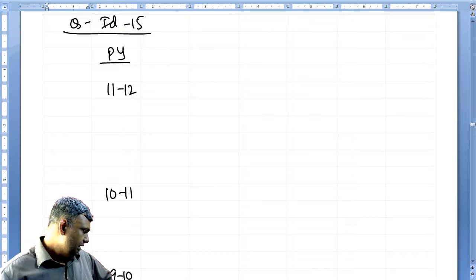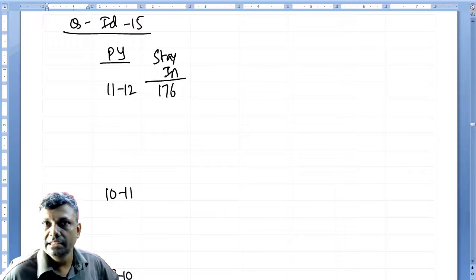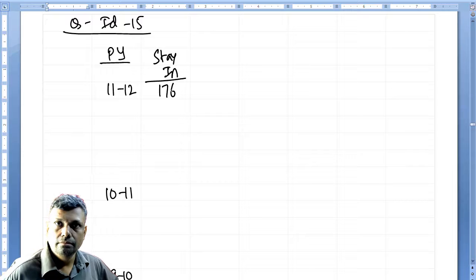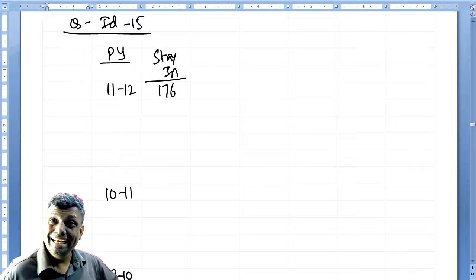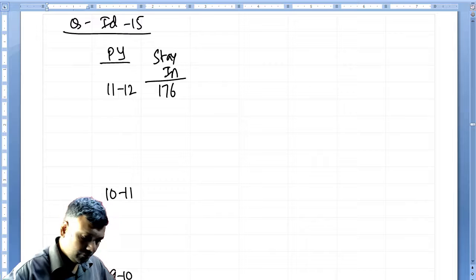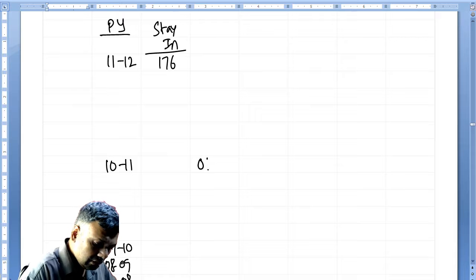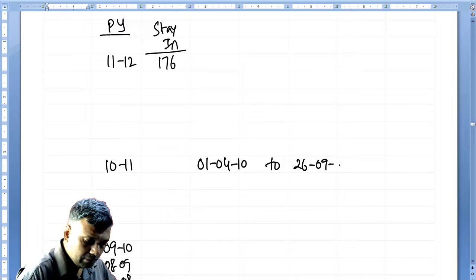Okay. So previous year 11, 12, stay in India is already given to us as 176 days, ready-made. And for previous year 10, 11, you have to do the calendar work. For 10, 11, his dates are 1st April 2010 to 26th of September 2010.